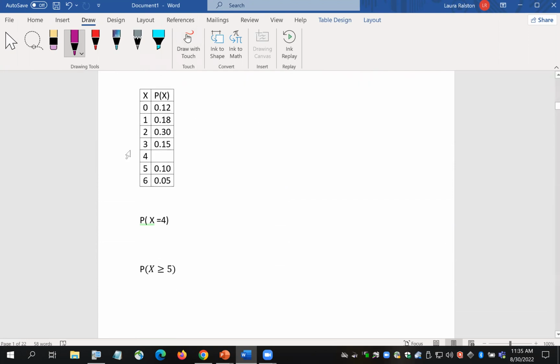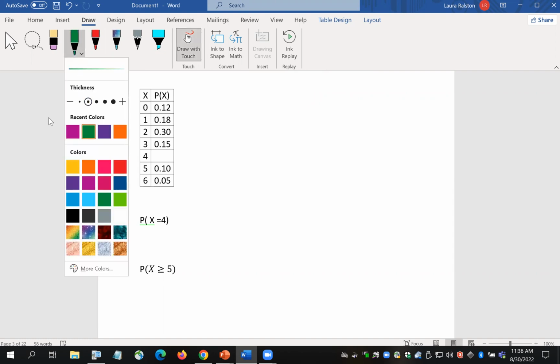Okay, so we have this distribution. It does appear, at least initially, for what I have, all of the values are between 0 and 1. And so the first question they ask me, because I need to know what the probability is when X equals 4: what's the probability that a new hire is going to stay 4 years? Guys, how do you think we can figure that out?